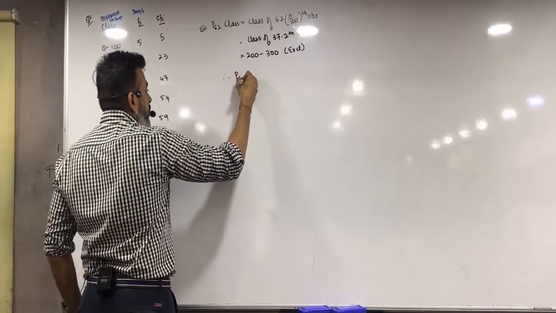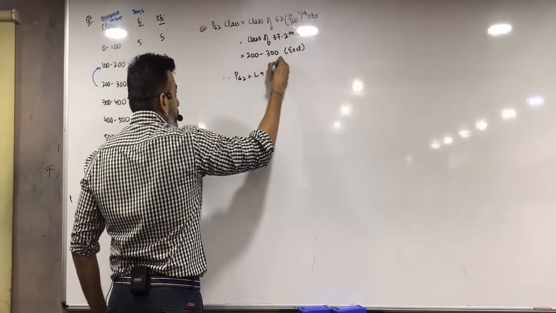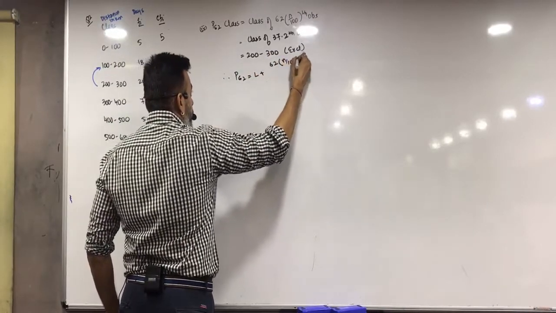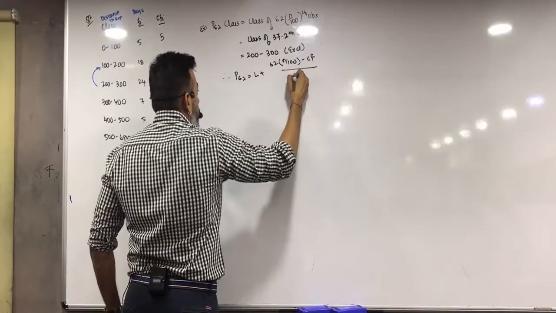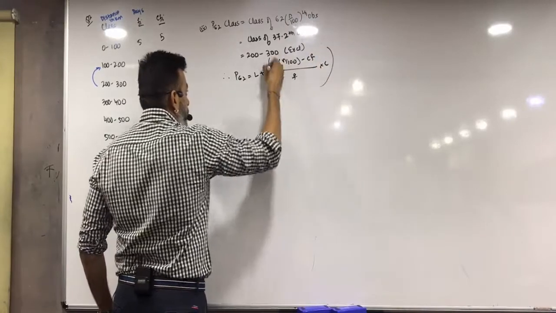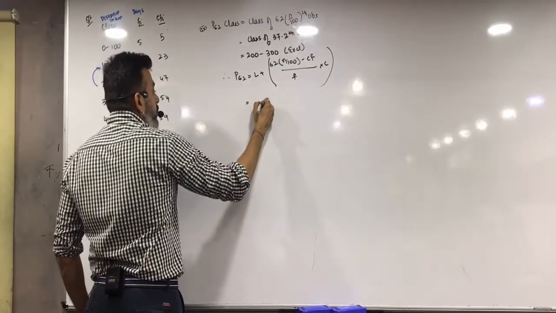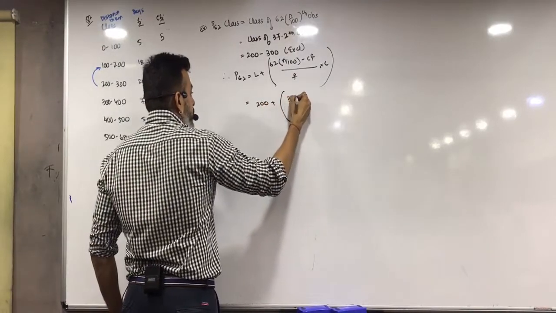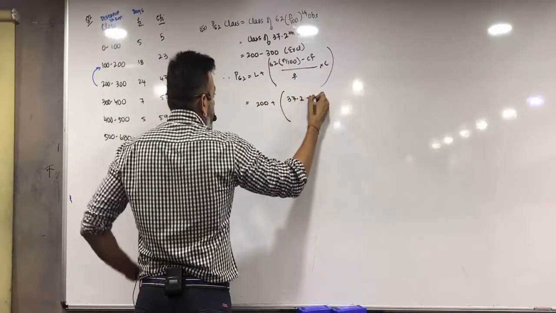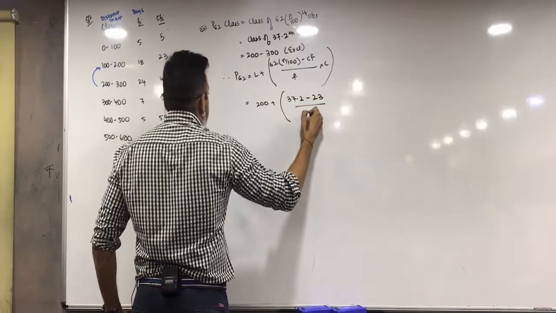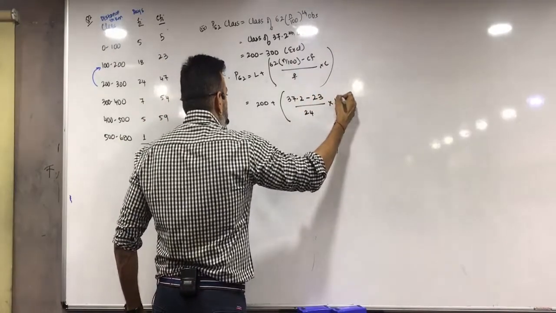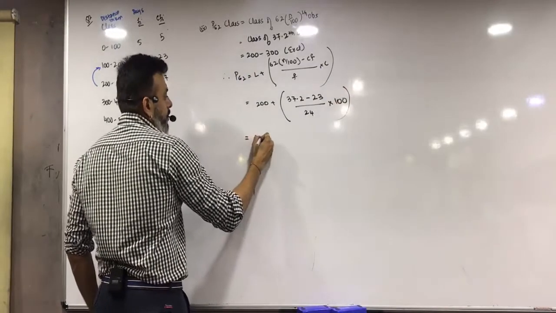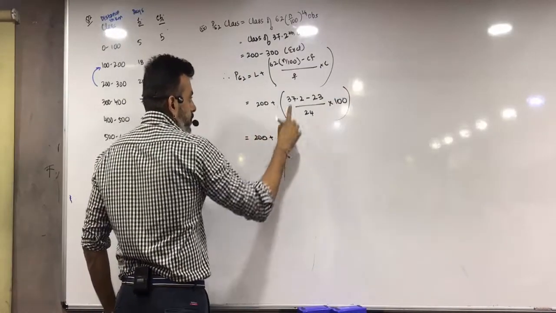Therefore, P62 is equal to L plus 62n by 100 minus CF upon F into C, which is 200 plus 37.2 minus 23 upon frequency 24, class length 100.